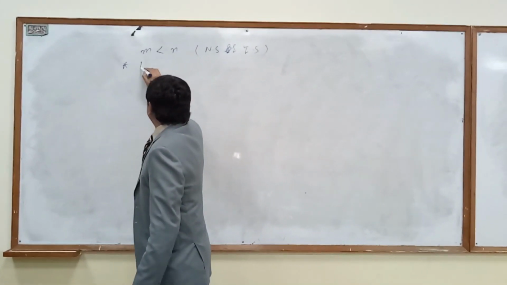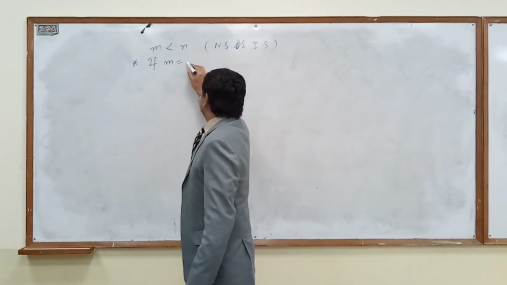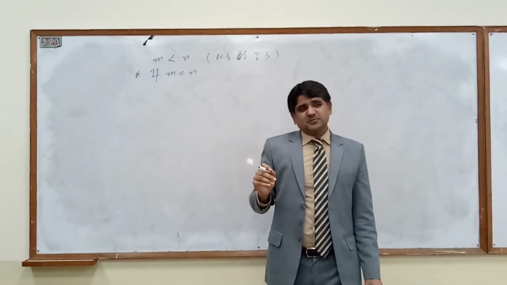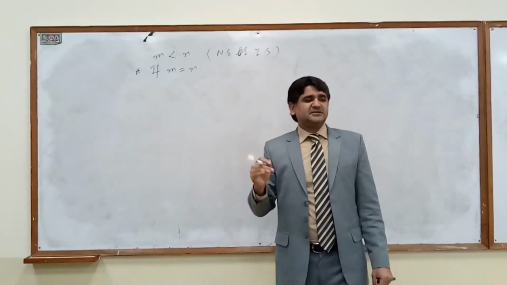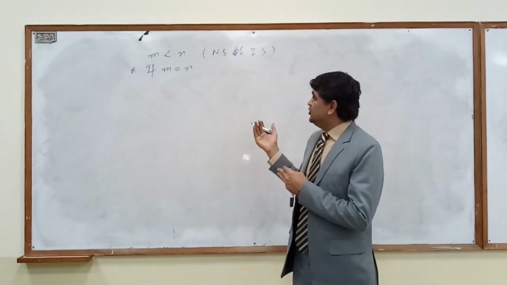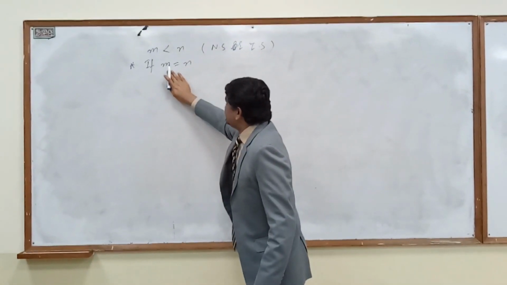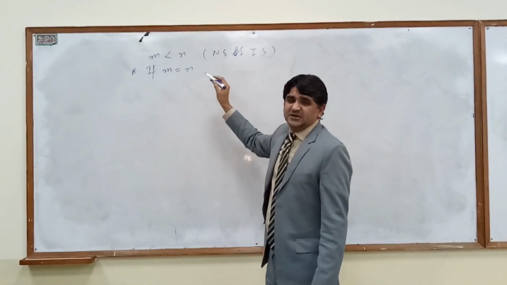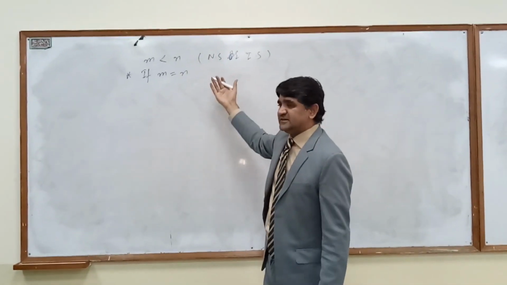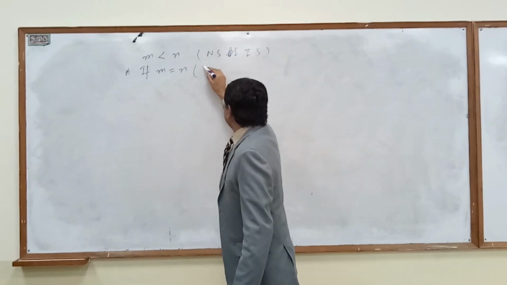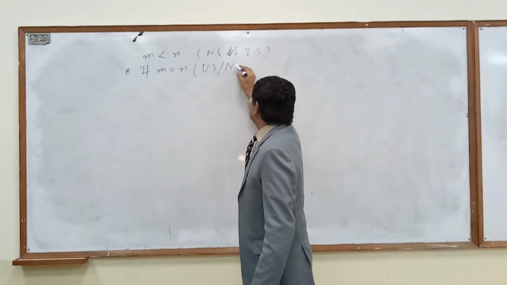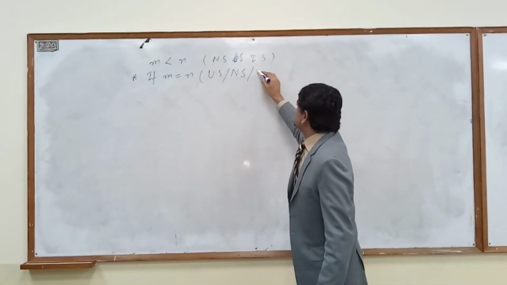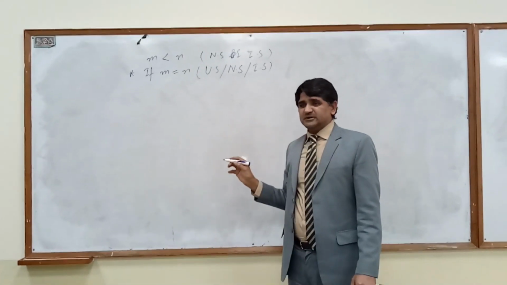The next property: if m is equal to n, then we can have 3 possible solution sets. It may be a unique solution, an infinite solution, or no solution. So if the number of rows is equal to the number of columns, we have the possibility of any of these solution sets.